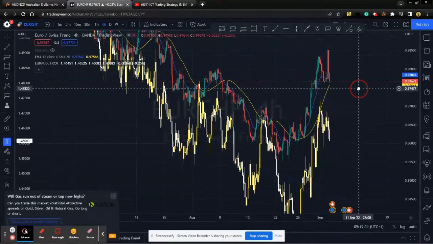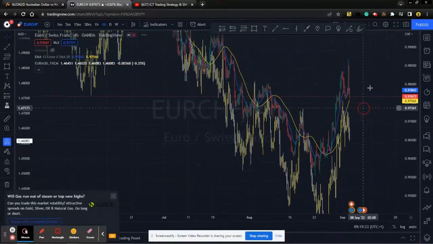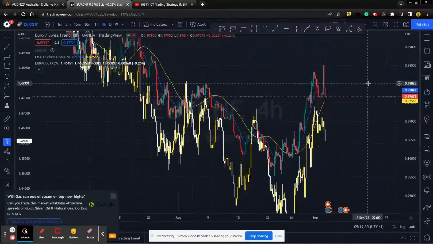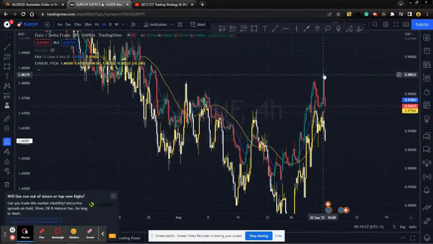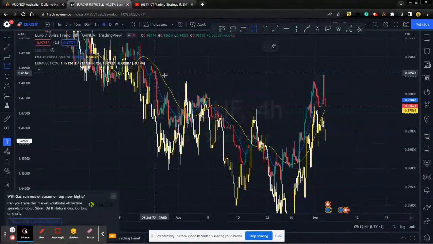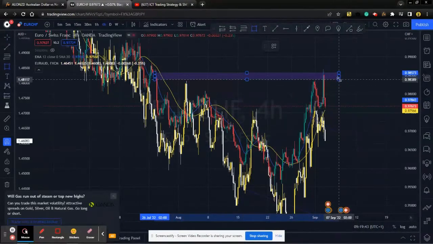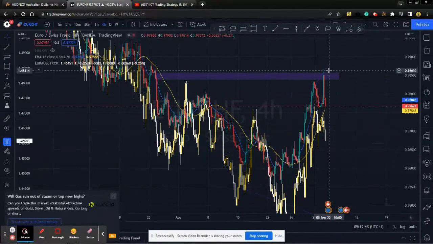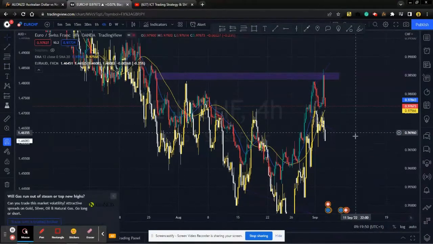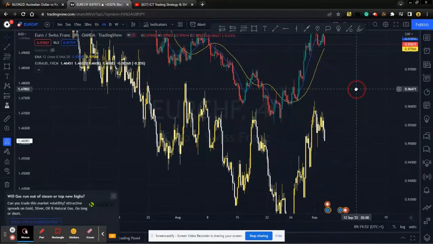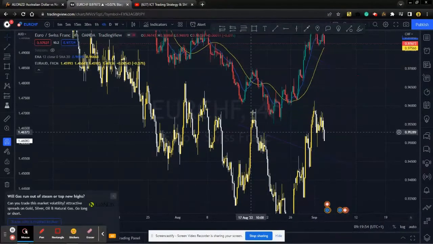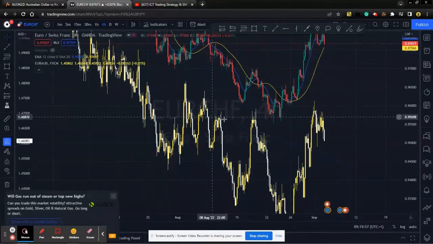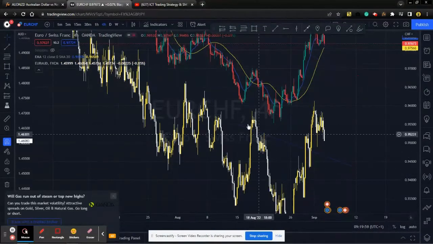A good example is on Euro USD, the market came, we had this imbalance here. This is like an area of liquidity or a demand area. The market came and then came down. Even on Euro AUD, we have this area where the market reached, dropped, and then reached and dropped again.